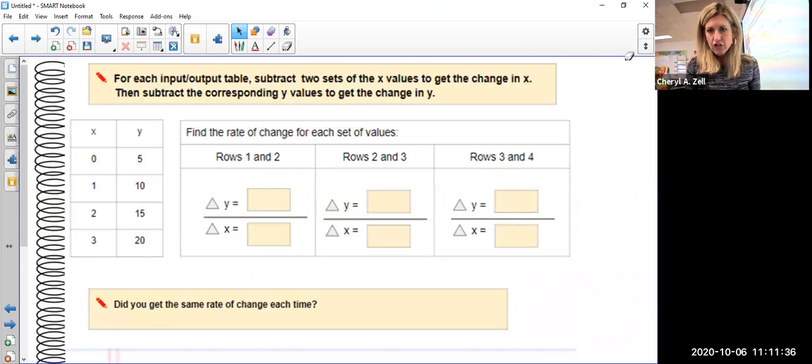All right, go ahead and try to fill in this chart. So for each input-output table, subtract the 2 sets of x values to get the change in x, then subtract the 2 corresponding y values to get the change in y.